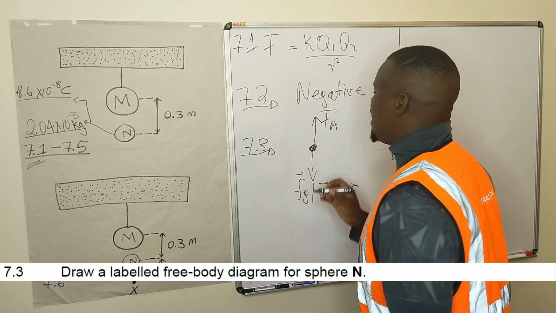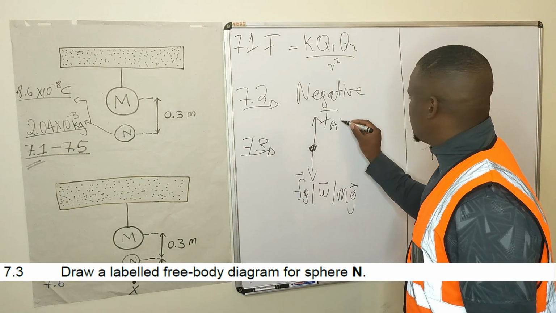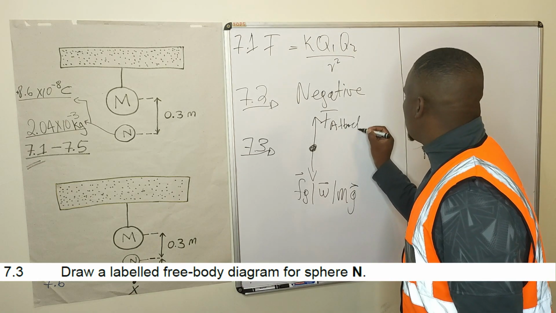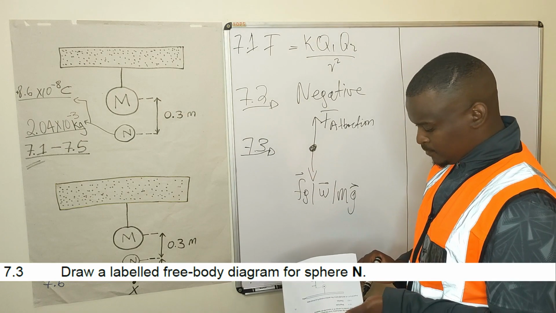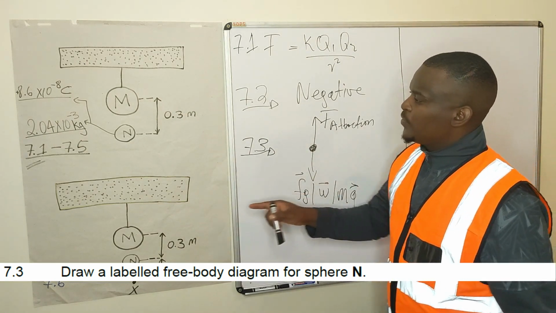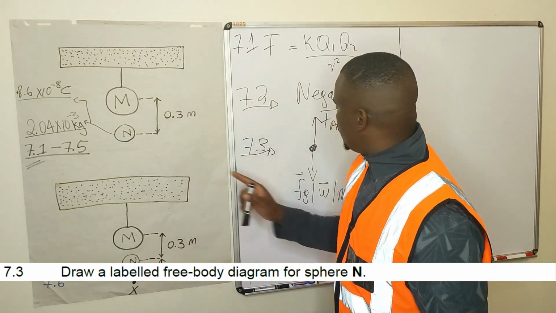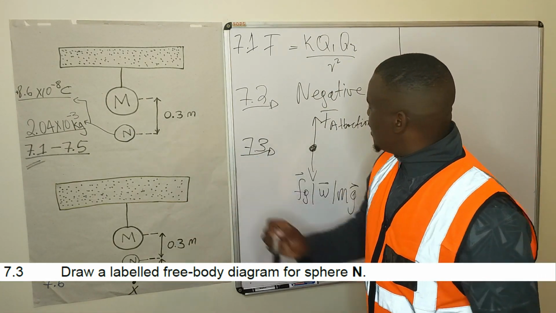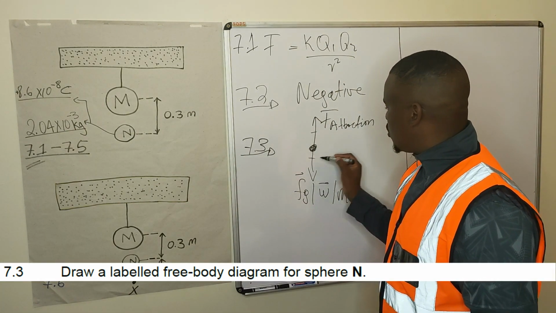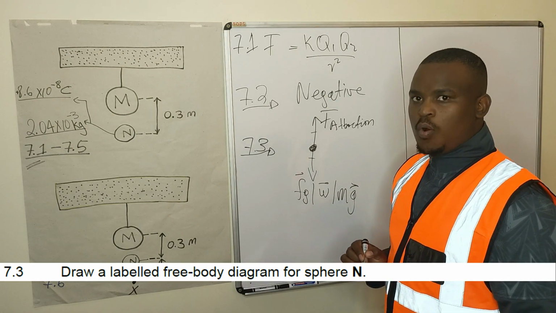I'll just write this FA, force of attraction. So it's attracted towards M. So this is the free-body diagram of N. These are the forces that are acting on N. And because this guy is stationary, that means these two are equal.